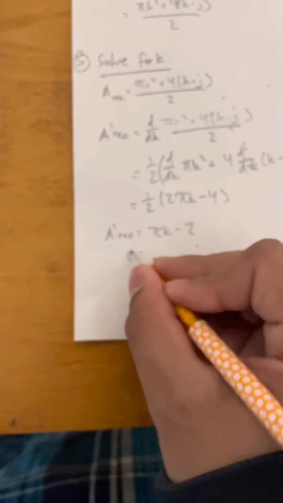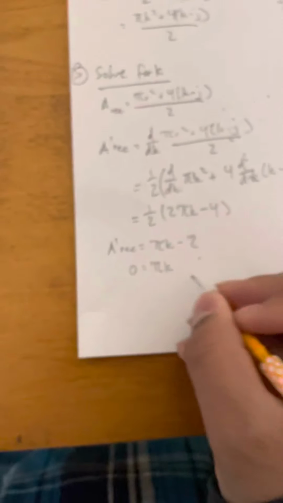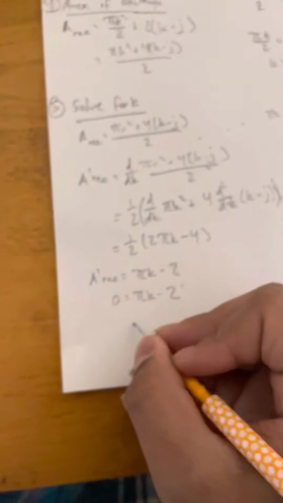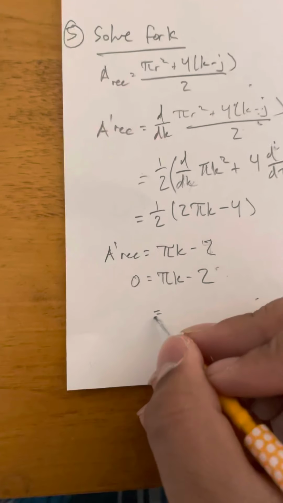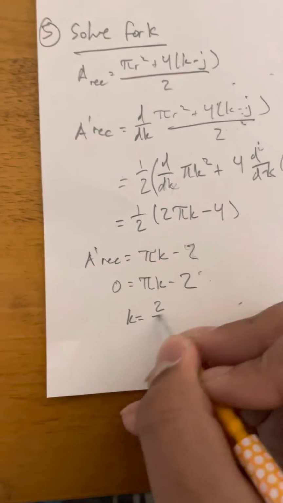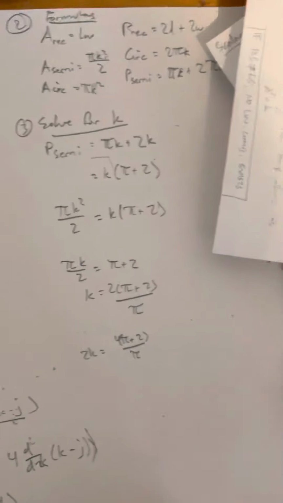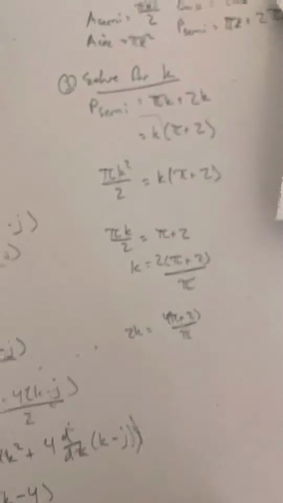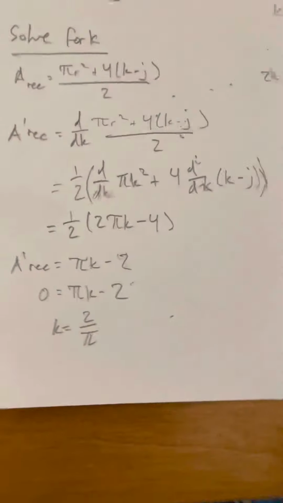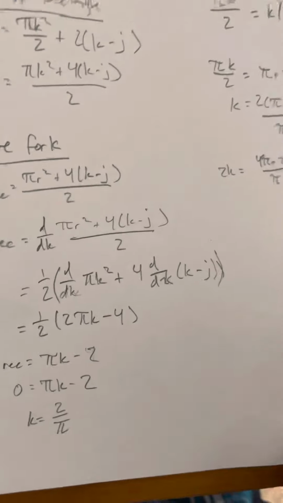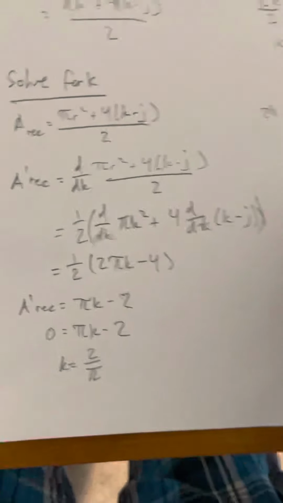Setting this equal to 0 would give us pi k minus 2, so k equals 2 over pi, which is different from our k over here. Very slightly, a minute difference in fact, but it's enough to change the whole formulas or equations.